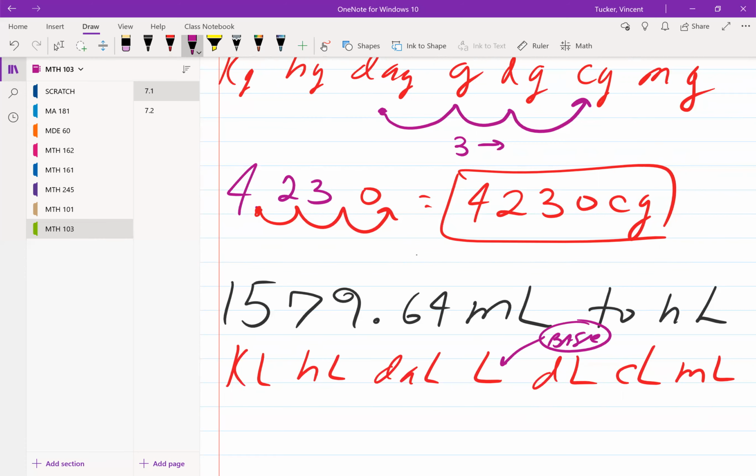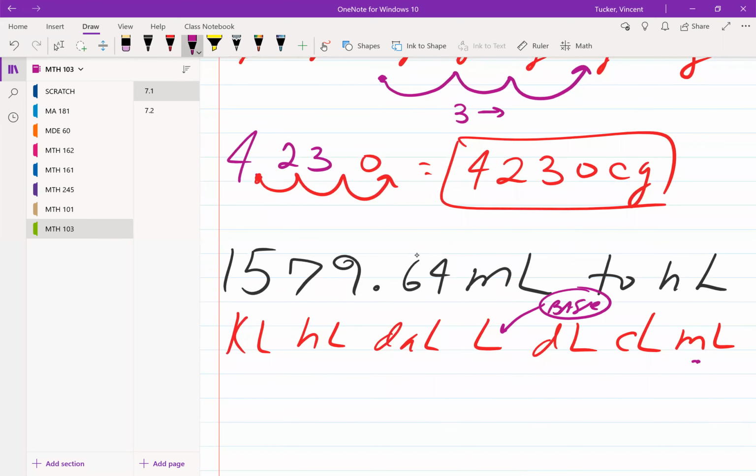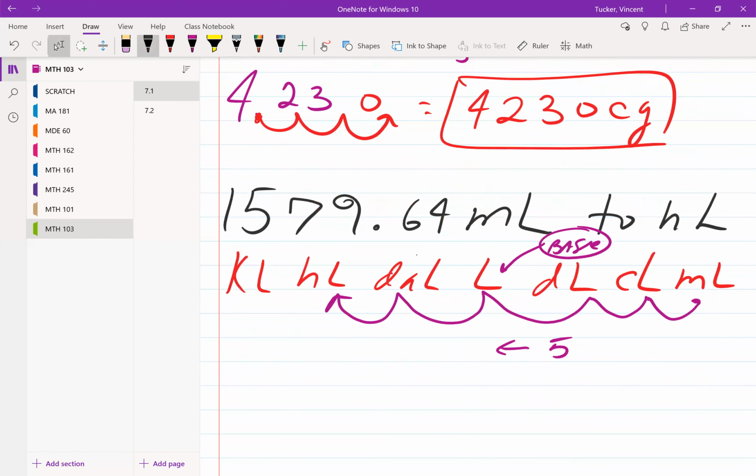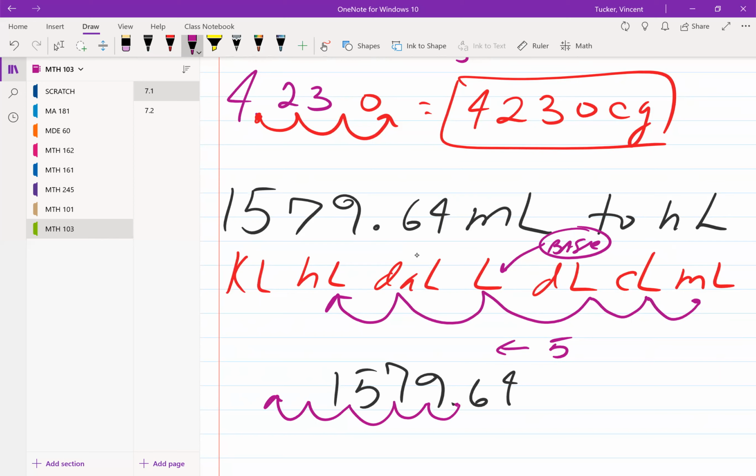So I want to go from milliliters to hectoliters. So 1, 2, 3, 4, 5 to the left. I'm taking my decimal 1, 2, 3, 4, 5 to the left.